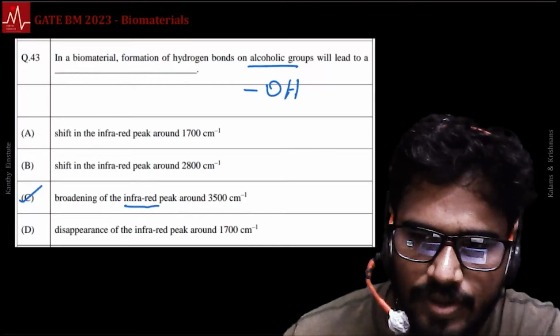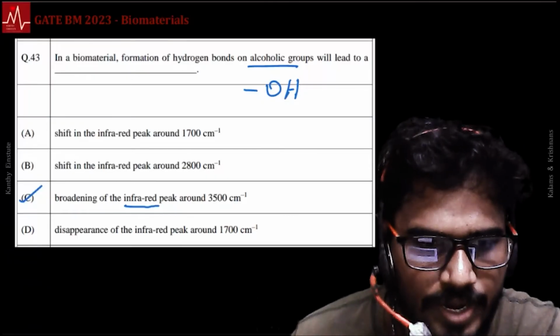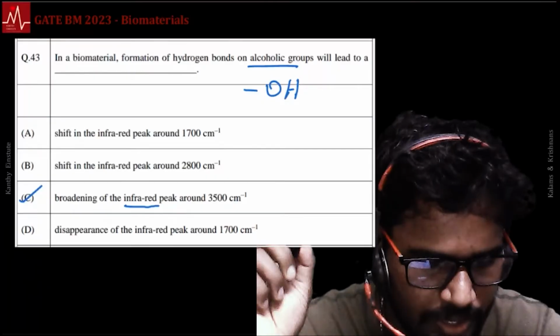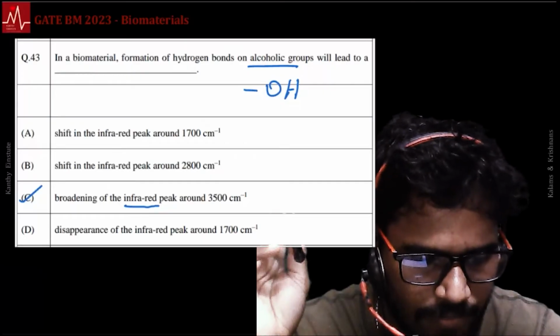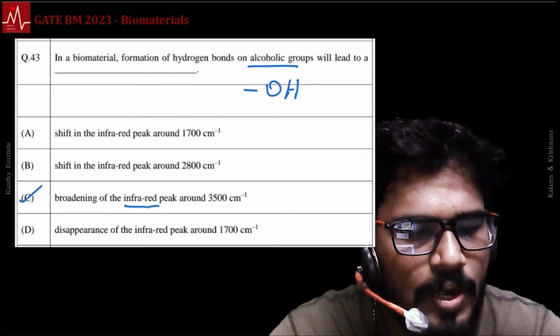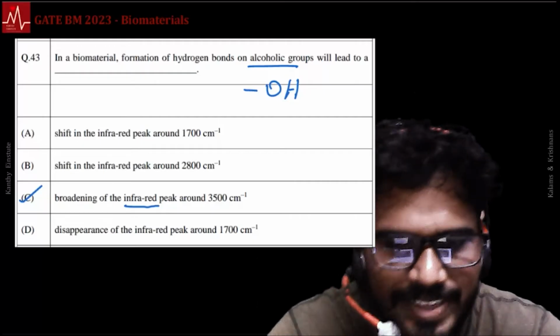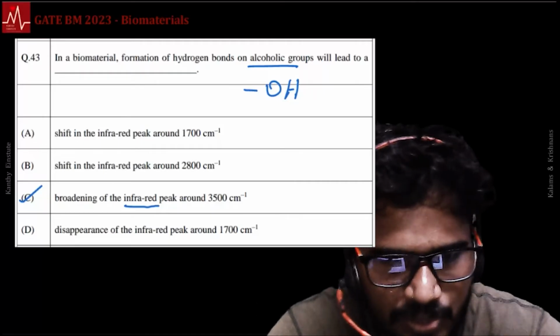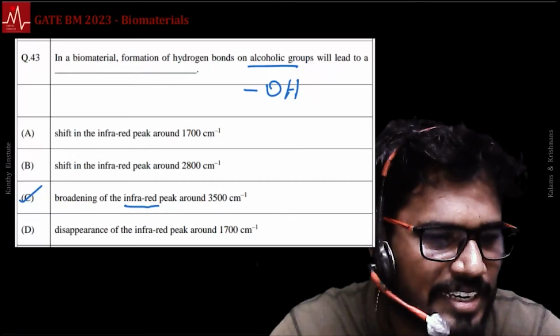Typically, FTIR is very good because all the molecular level vibrations and oscillations, the energies involved, are at the wavelength or wave number corresponding to this infrared region.